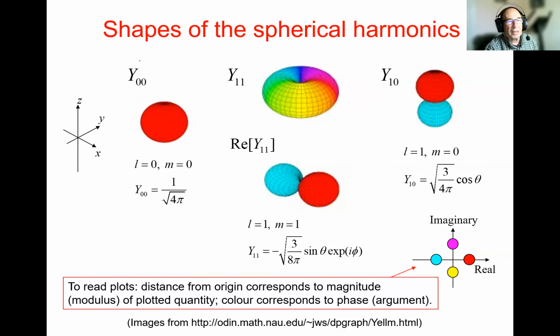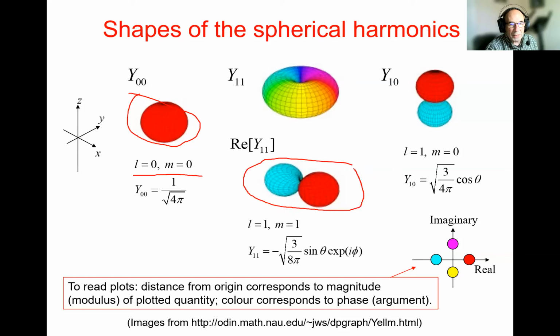If we try to draw spherical harmonics, we see that for different values of our quantum numbers, if L equals 0 and M equals 0, it is spherical. For example, for L equals 1 and M equals 1, it has this type of shape in space of theta and phi.